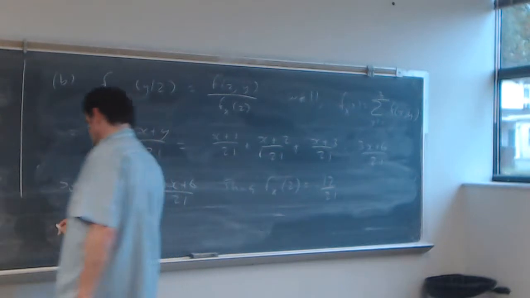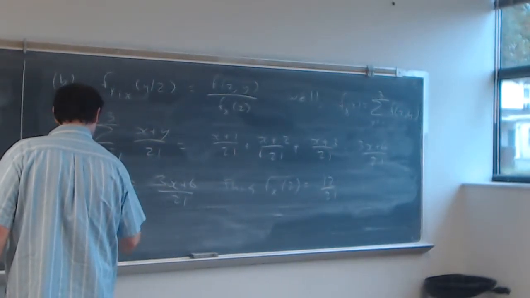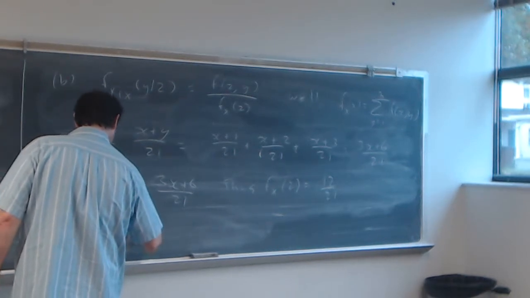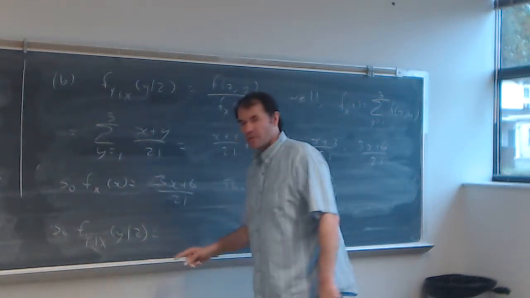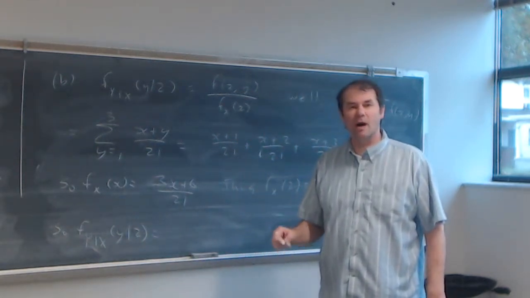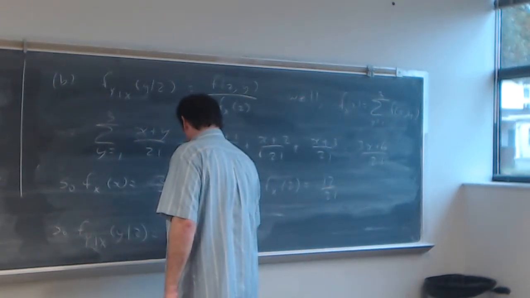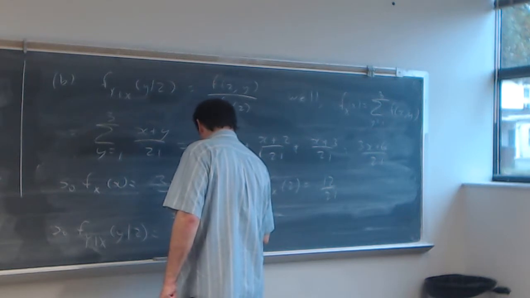Now, so f sub y given x of y given x equal to 2, that's going to be equal to f of 2 comma y. Remember that f of x comma y was x plus y over 21, so here that's 2 plus y over 21, all over 12 over 21.